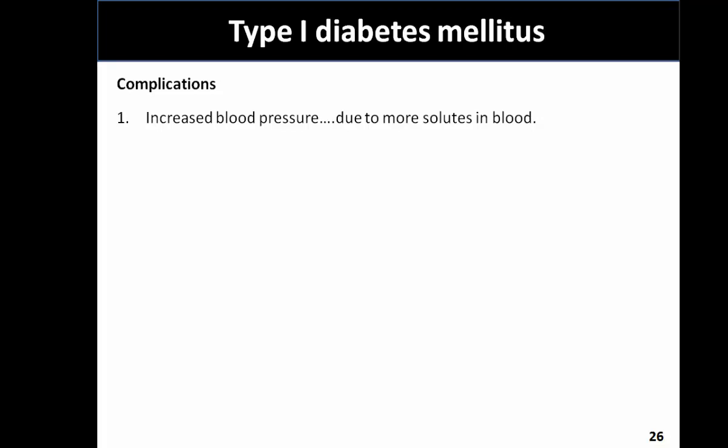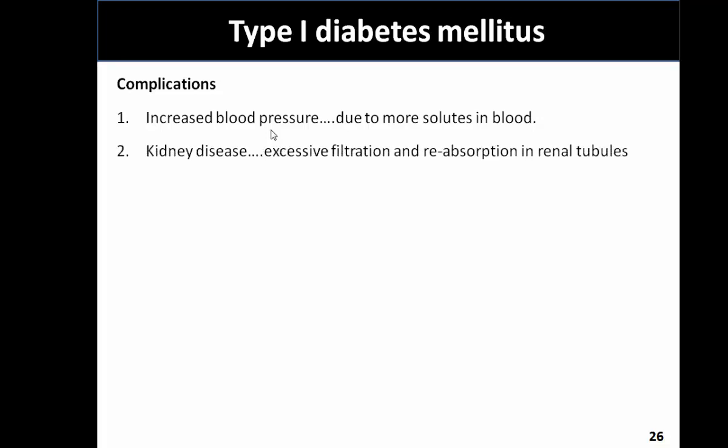So with a chronically high level of extra glucose molecules in the cardiovascular system, one of the effects is an increase in blood pressure. And that's due to the fact that there are more solutes, more glucose molecules, and more H2O molecules bound to those glucose in the blood. Because the blood vessels coursing through the kidney are very small, it can lead to kidney disease. Because of the increased pressure, there's increased filtration, and renal tubules become more active, placing more stress on the kidneys in a chronic fashion.